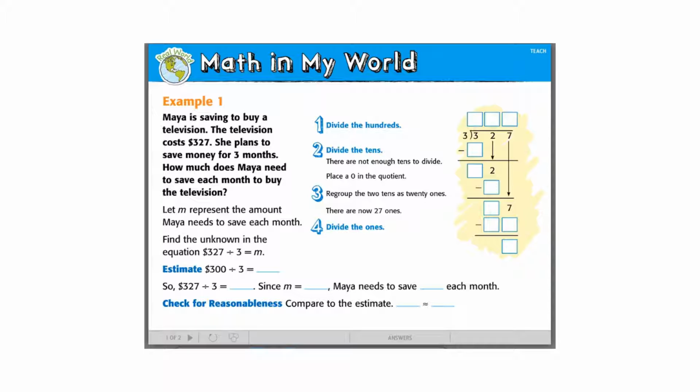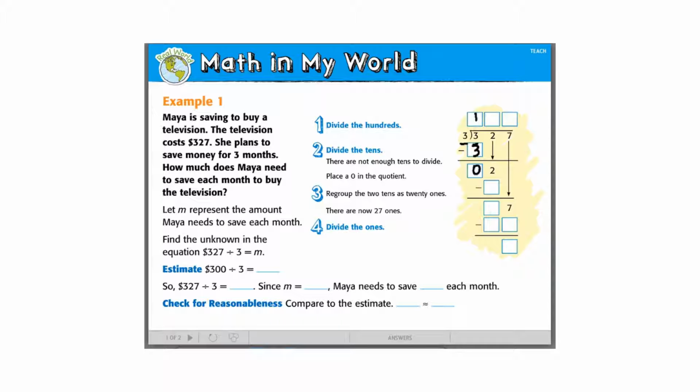So we're going to start dividing the hundreds first. 3 into 3 fits once. 1 times 3 is 3. Subtract and get 0. Bring down the next number, which is a 2. Can 3 fit into 2? No, it can't, right?